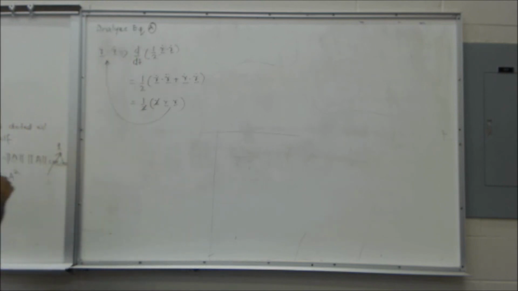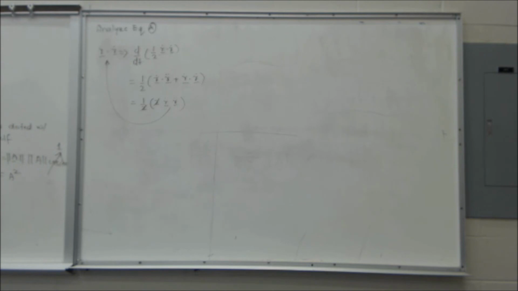Now it makes sense, right? I have not done anything else. I tried to dot it with R, but I couldn't get it, so I'm dotting with R dot. Everything else is very systematic and not changing.